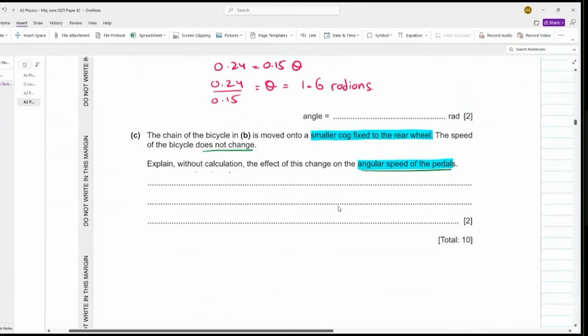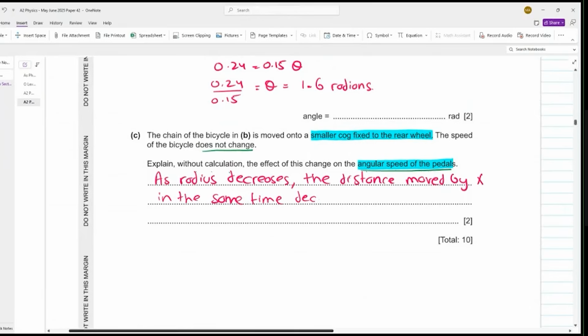You will say, as radius decreases, the distance moved by x in the same time decreases.